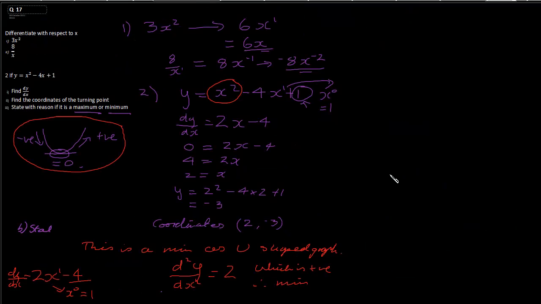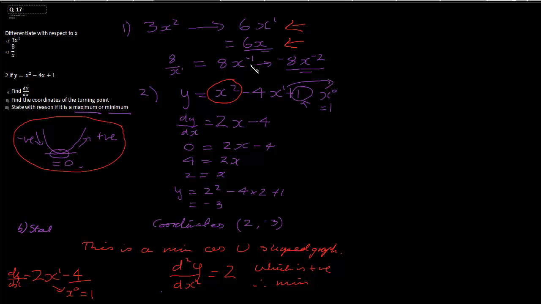Now to just recap everything we did in this question, originally we differentiated this. Remember, you times by the power, take 1 off the power to get your differentials. So that's our first differential there, and simplified. Again, if you've got a fraction, remember when you bring it up, the power becomes negative. So x to the 1 becomes x to the minus 1.